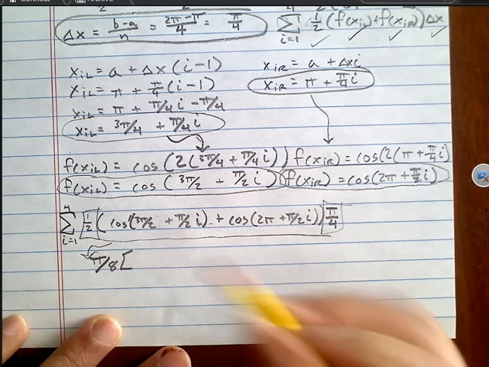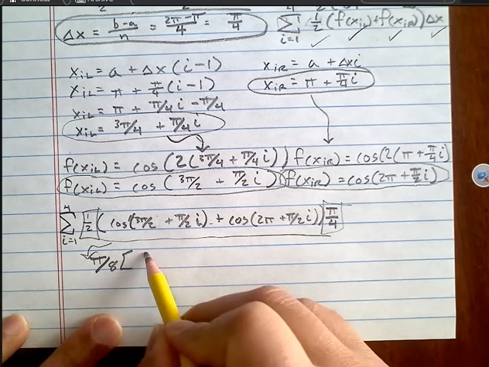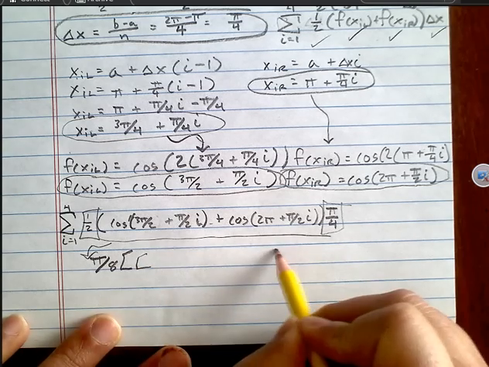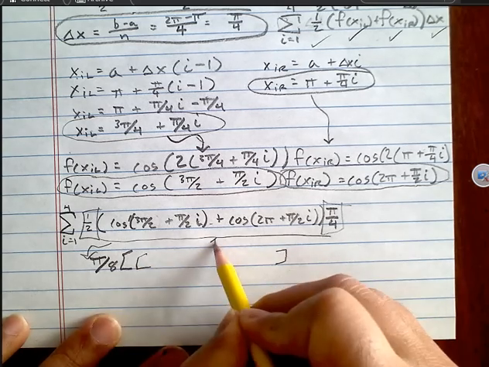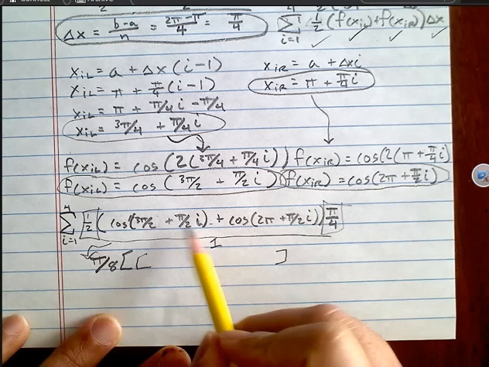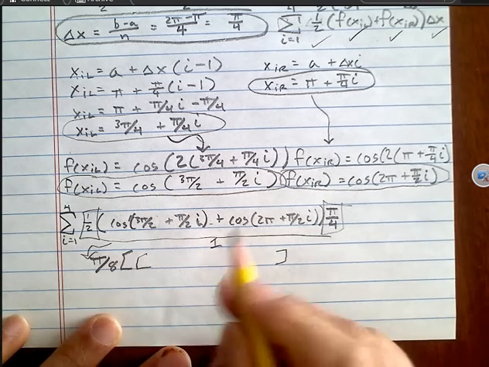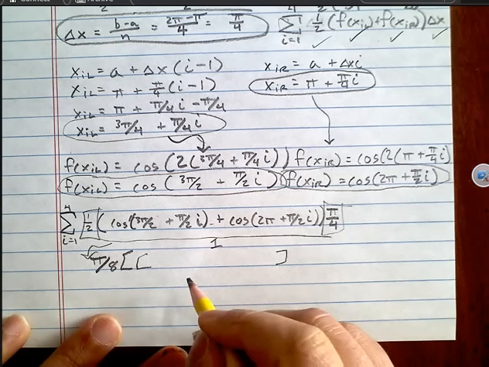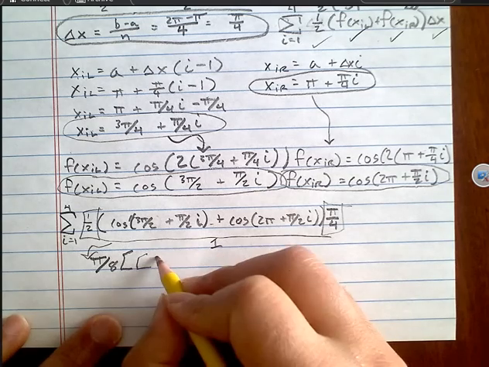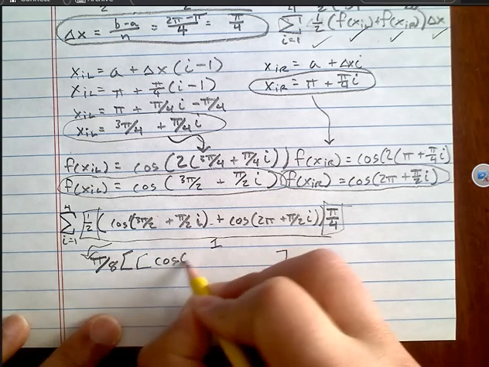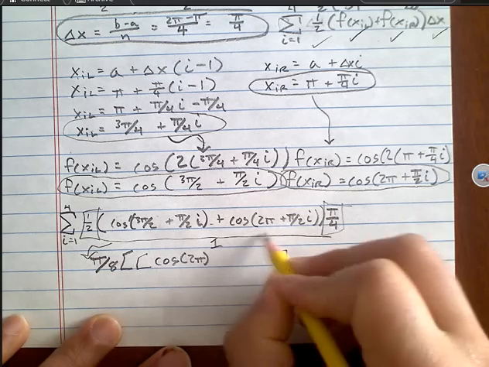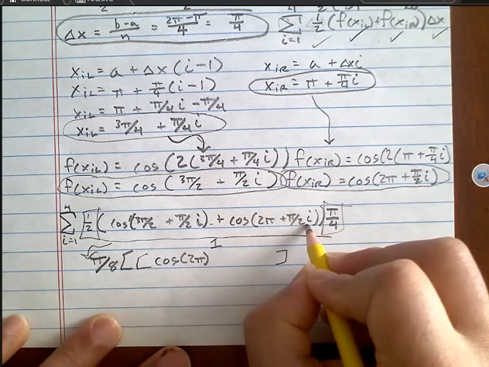Alright, now I plug in 1, and let's see what we get. Plug in 1 here, that's pi over 2 plus 3 pi over 2. That's cosine of 4 pi over 2, which is 2 pi. And then plug in 1 here, that's pi over 2 plus 2 pi.